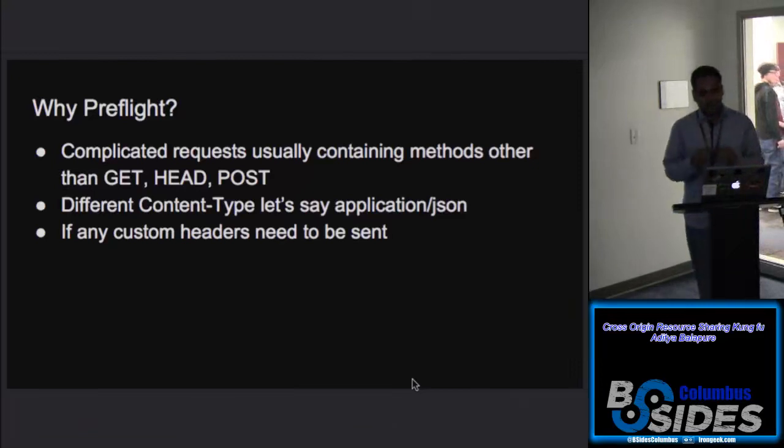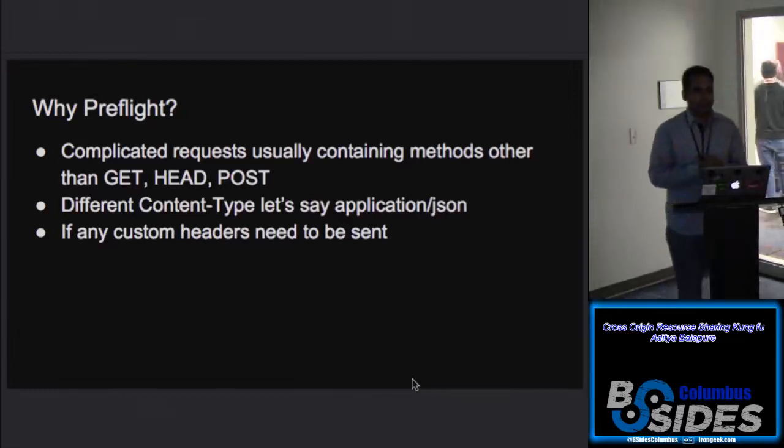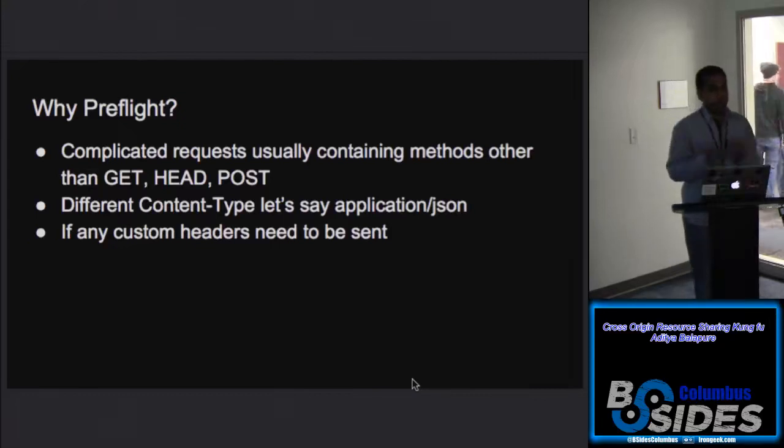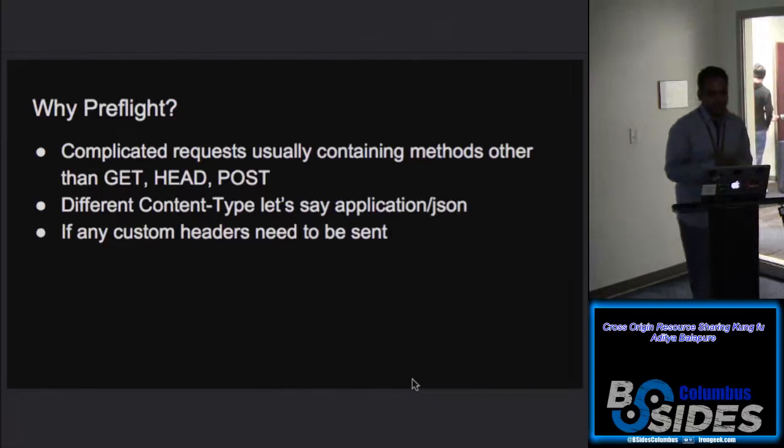If the request contains different content types, let's say the browser is trying to pass JSON, XML, or any sort of data that is not text/plain, then it needs to go through pre-flighting.